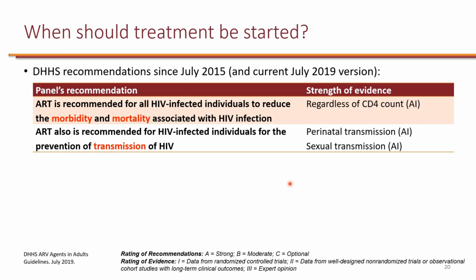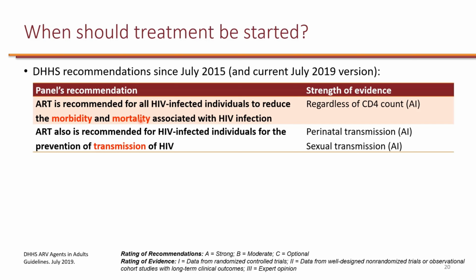Older HIV drugs were also very toxic, so we would reserve them for more severe patients. But nowadays HIV drugs are very effective and well tolerated, and we have clinical evidence that regardless of CD4 count, when we start treatment for HIV, we can reduce the rate of morbidity and mortality associated with HIV infection.